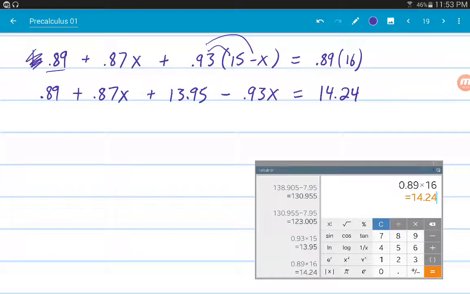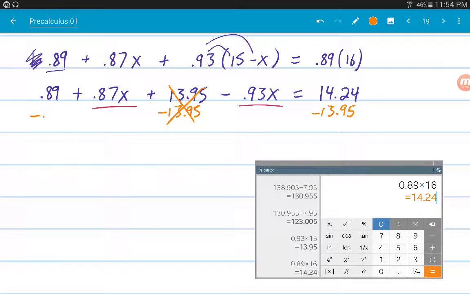Now I want to solve for x. So I've got a couple of x's on the left-hand side, like I got this guy and this guy. So what I'm going to try to do is move the other stuff away from it. I'm going to subtract 13.95 from here. Those will cross out.